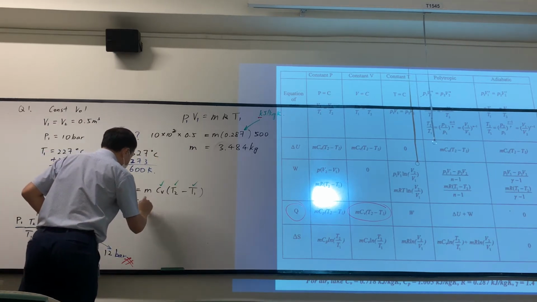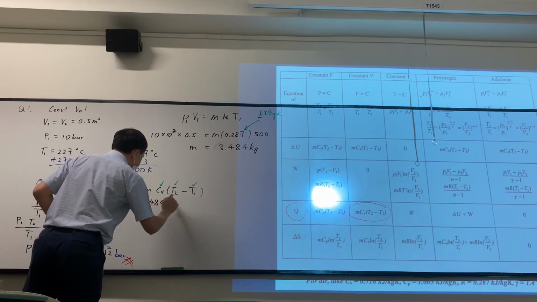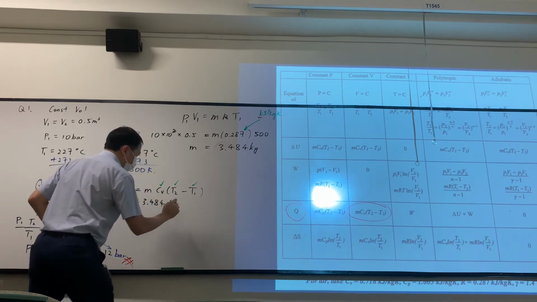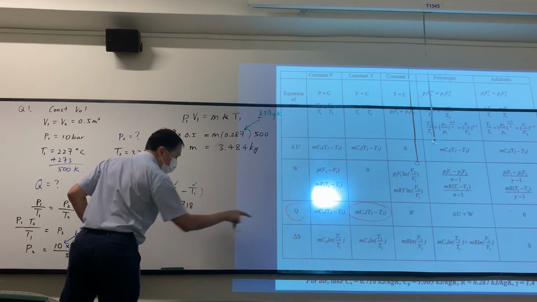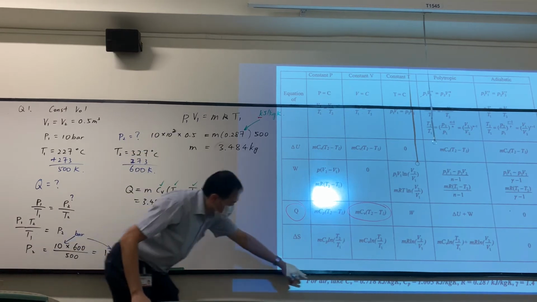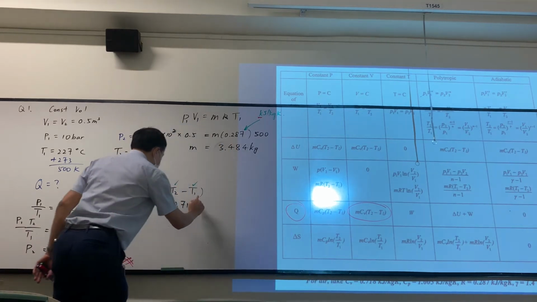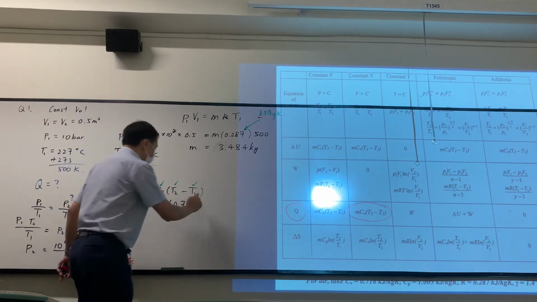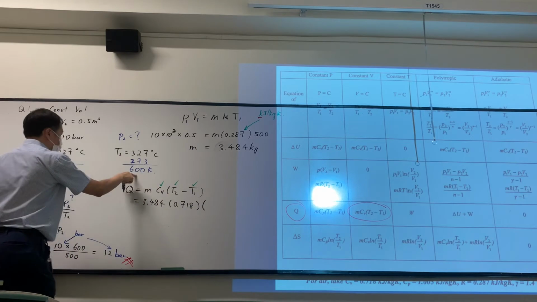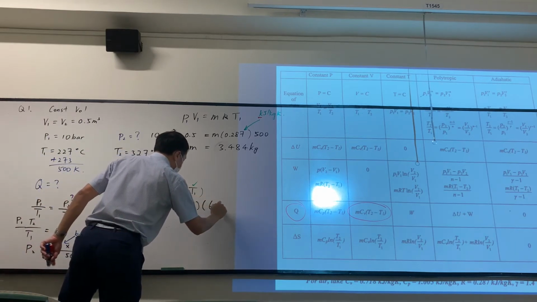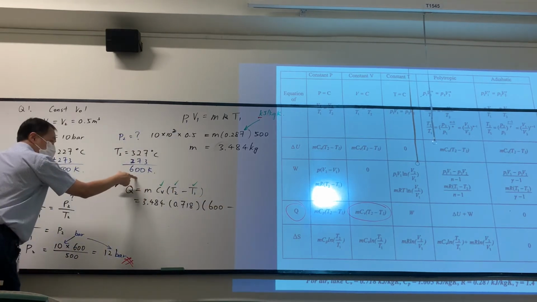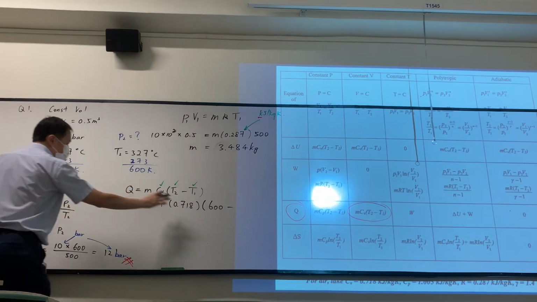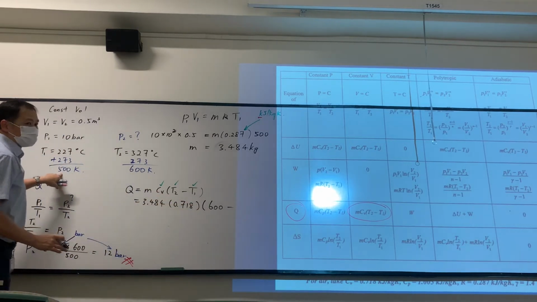So mass is 3.484. Cv is 0.718, from the figure right below, which is in kilojoule per kilogram K. T2 is 600 Kelvin. Then if this is Kelvin, the other side must also be Kelvin.